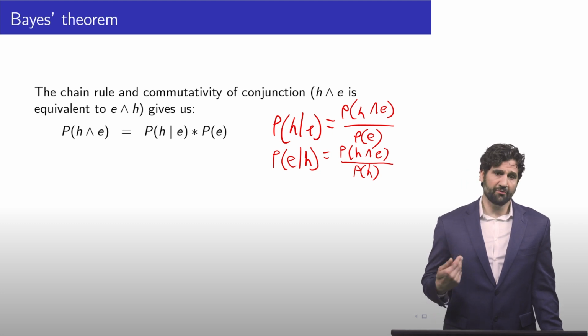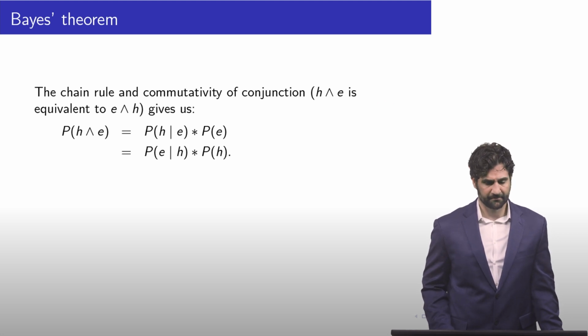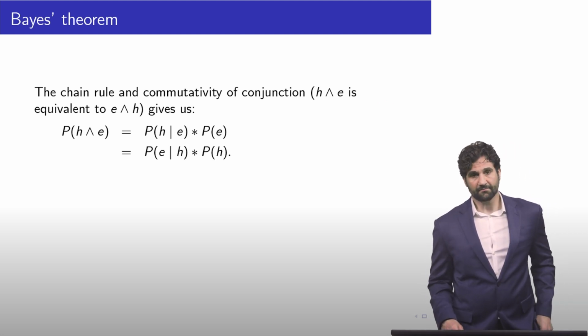So as a result, there are two different ways we could get to the probability of that conjunction. And here they are.